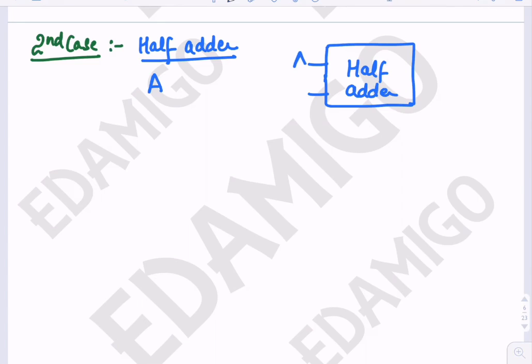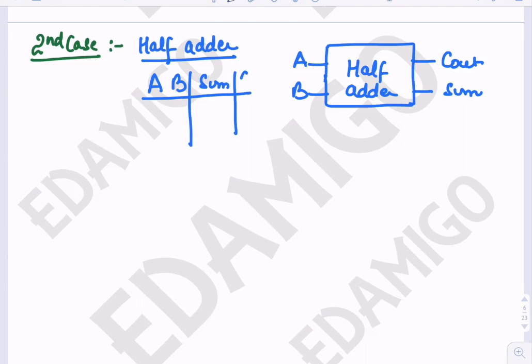Half adder, A and B, C out and sum. First I will write sum and then C out. That's very simple.